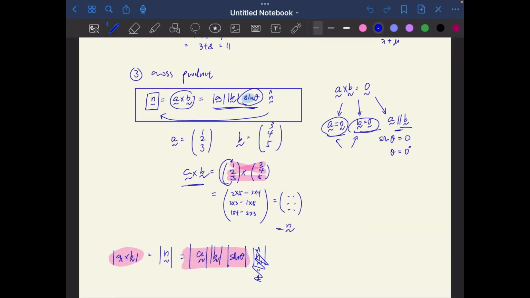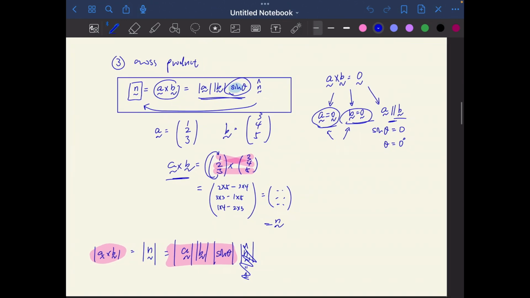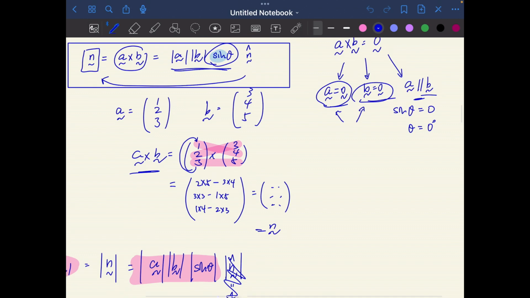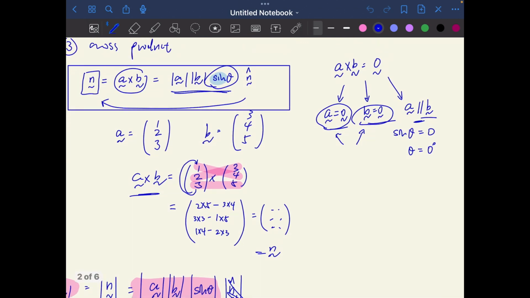So what are some applications of the cross product? The cross product gives you a vector, but it also gives you an area.